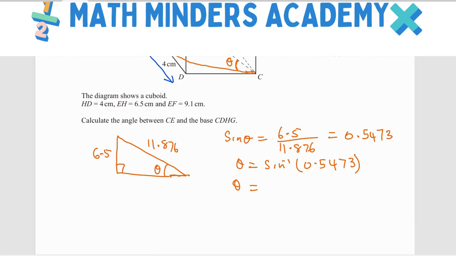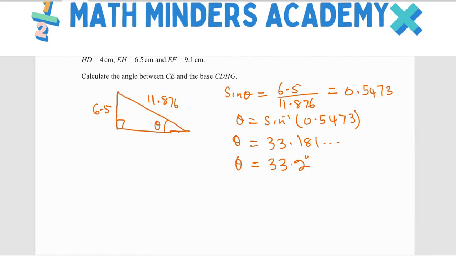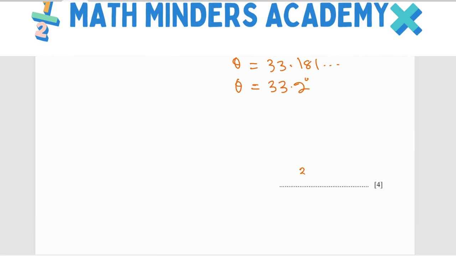Being an angle, we are going to leave it to 1 decimal place, which is 33.2 degrees. So we enter 33.2 degrees here.